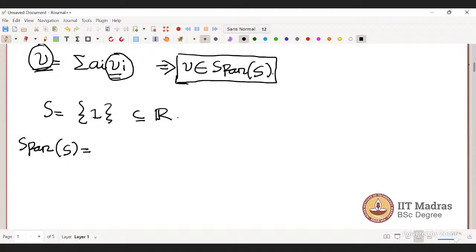All real numbers. So basically you take the set of all possible linear combinations of 1. That means you take a times 1, where a is a real number.